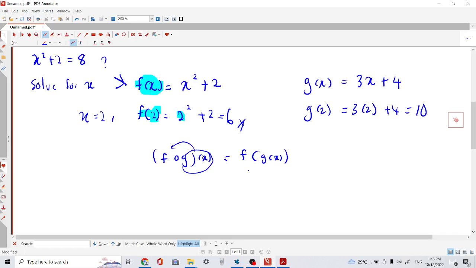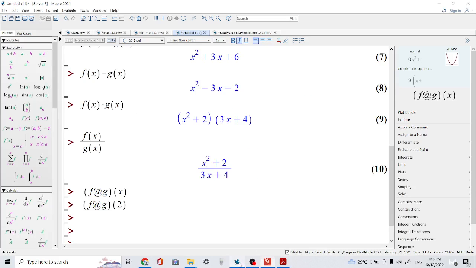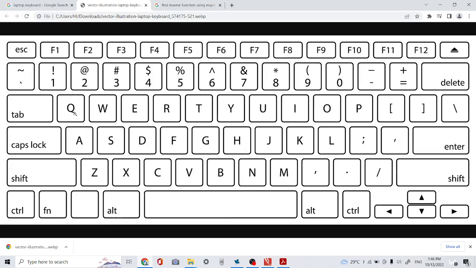Or we will have g composite with f, where the function f is substituted into g. For this one you just use the alias command from your calculator and from your keyboard, this one. So you will get the answer.